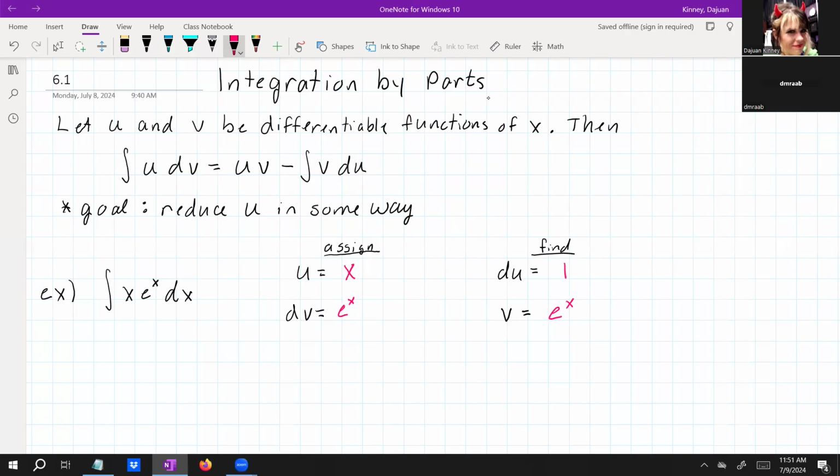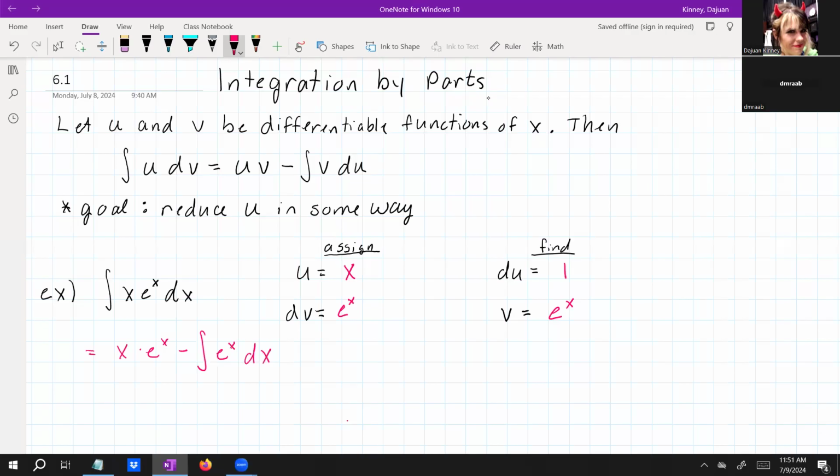Rewrite. So our formula says we take u, so my u here, times v, minus integral of v, so the thing we found, times du, which is just 1 dx.